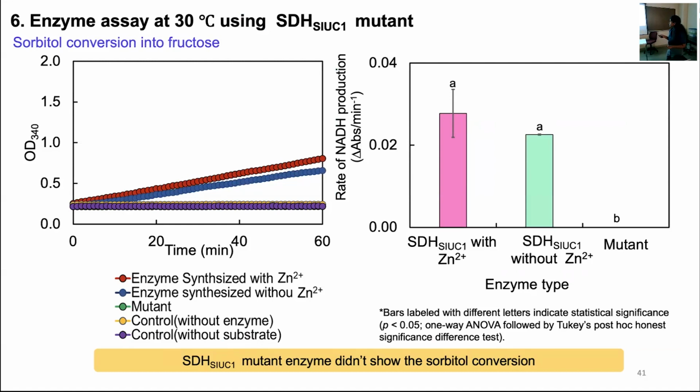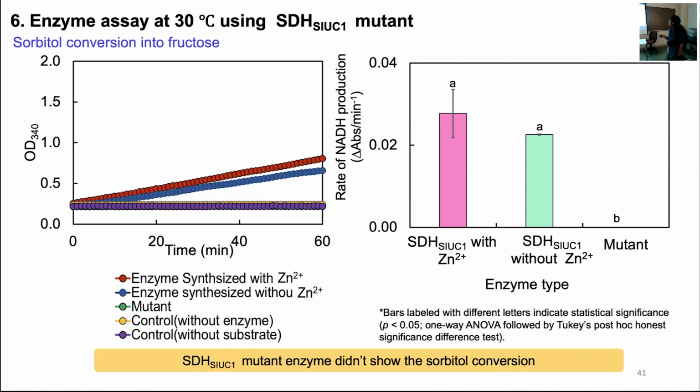So here, this is the sorbitol conversion that we observed. The other 2 enzymes that we used as controls were giving the activity as we talked about previously, but we couldn't see the mutant converting sorbitol under this condition.